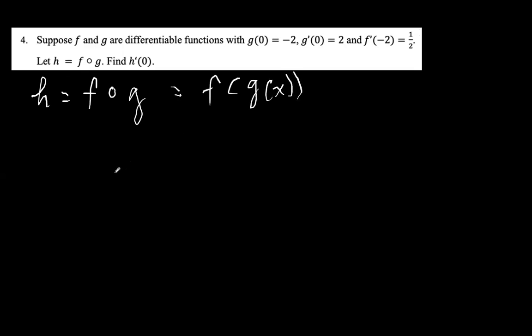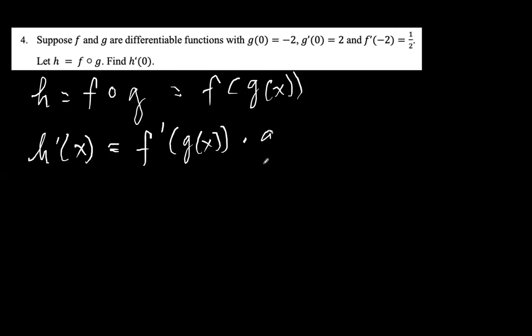Since we're looking for h prime of 0, we need to solve for h prime of x first. Based on the derivative of a composite function, this is f prime of g of x times the derivative of the inner function, g prime of x.